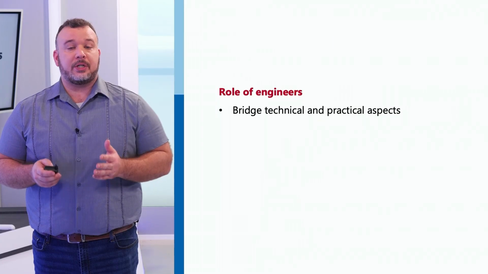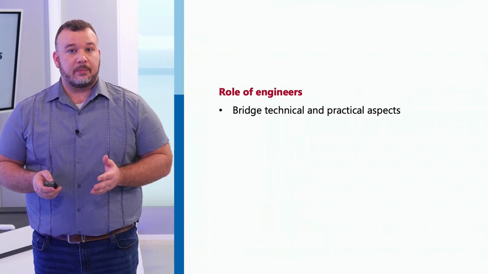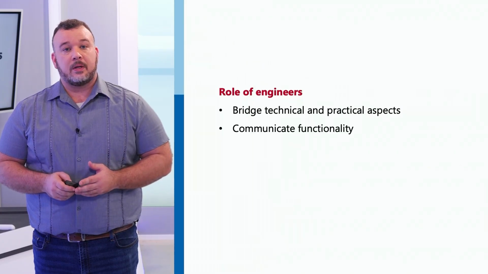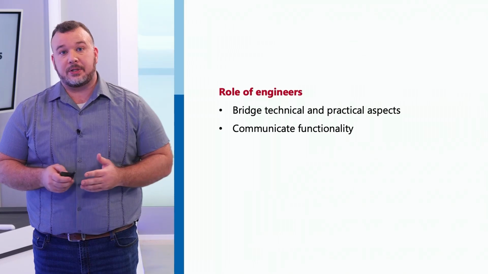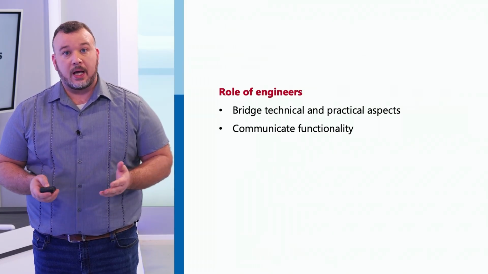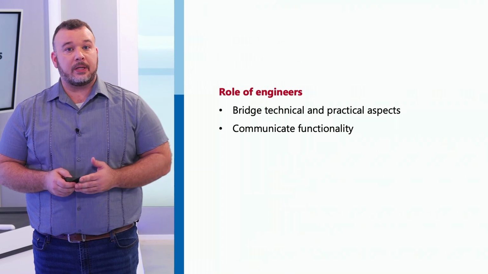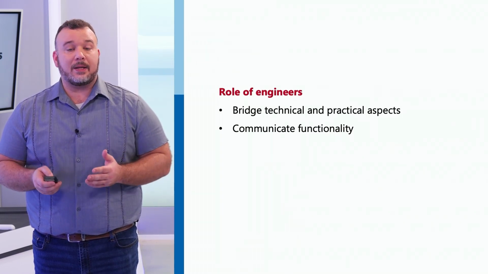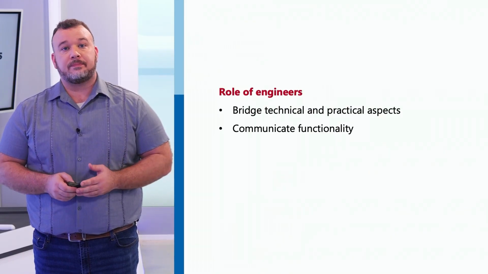Engineers play a particular role in explaining this purpose. They bridge the gap between technical and practical aspects of AI systems. They can clear up the jargon and offer clear communication about why a system exists, its goals, and how it functions. This in turn builds trust and accountability, aligns end users with the system's intended use, and mitigates ethical concerns caused by vague or poorly communicated purposes.